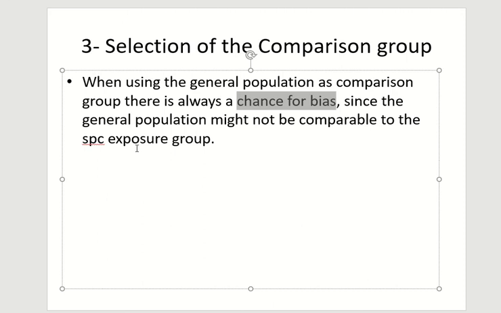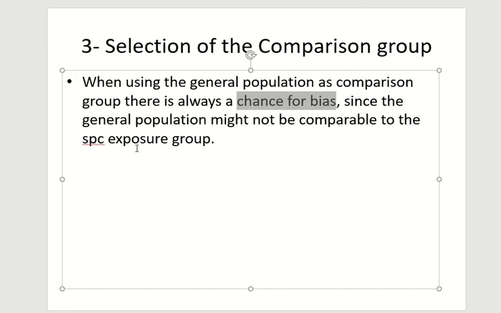All the physicians are, for example, required by law to be taking, let's say, aspirin, which is not true, but let's say. So we can't get an internal comparison group, because then all the physicians are taking aspirin, for example. Okay, so I need to go to the general population, but the general population does not resemble physicians.